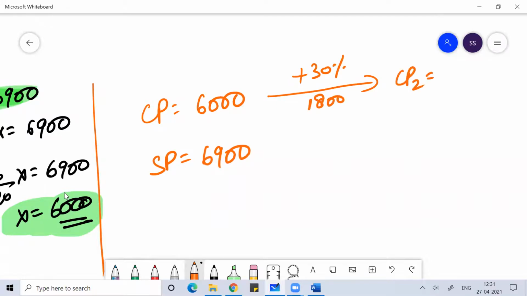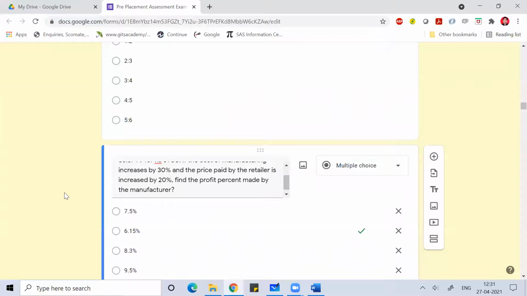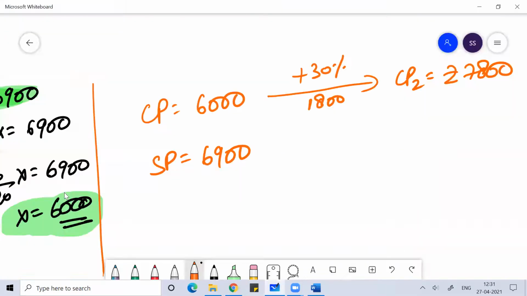So your cost price will become 7800. And the price paid by retailer increased by 20%. If you increase 10% of 6900, that is 690, so 20% will be 1380.